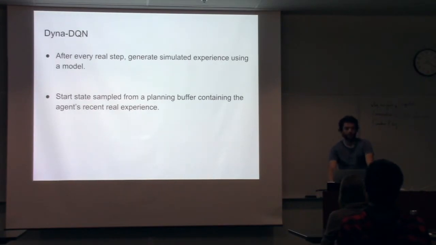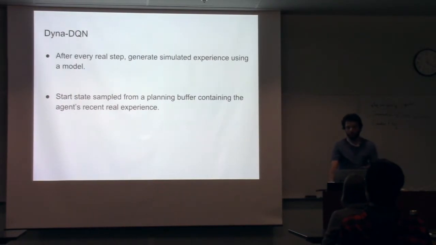To extend DQN to the Dyna architecture, after every real step taken by the agent, we can use a model to generate simulated experience and then also put that experience in the replay buffer alongside the real experience. Right now, we're assuming that we have access to a model of the environment and that we're not learning that online. Start states for planning have to come from somewhere.